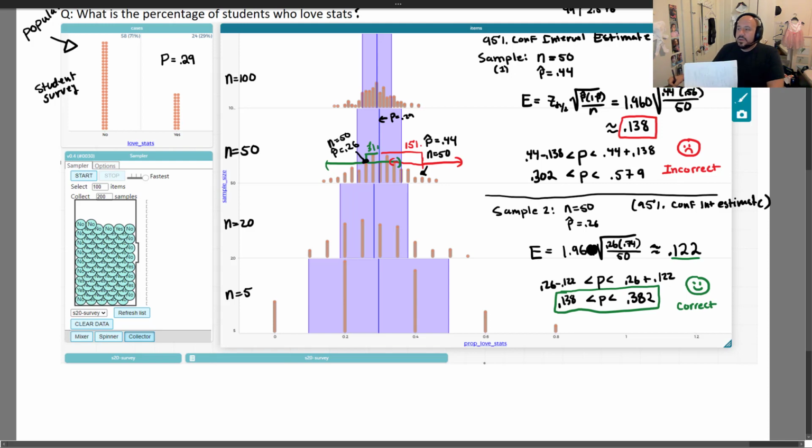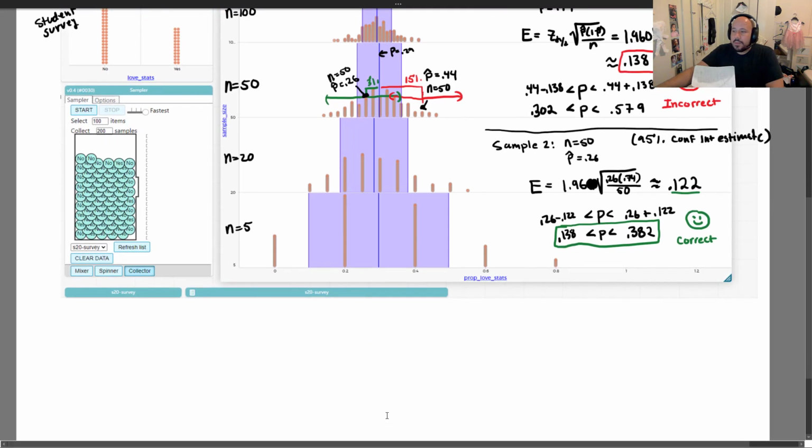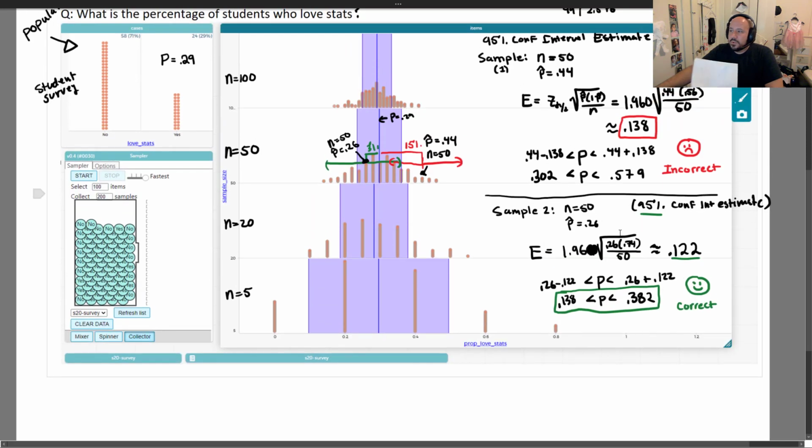Okay. And so with that being stated, what I want to do is drop down the definition of what we mean when we say a 95% confidence. Because what it really has to do with is this understanding that when we get a sample in our hand, this is really just one sample out of the many possible thousands and thousands of possible samples that I could have gotten from this population.